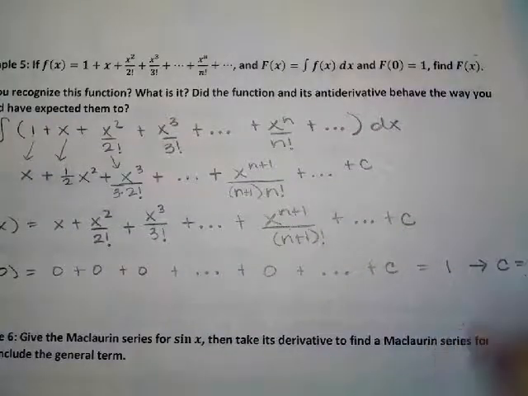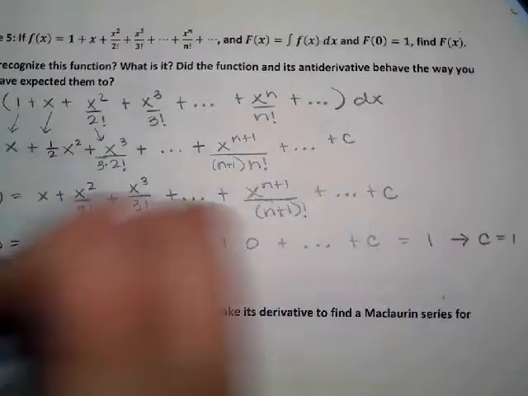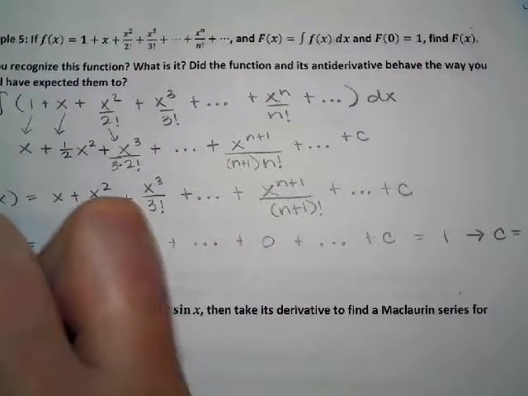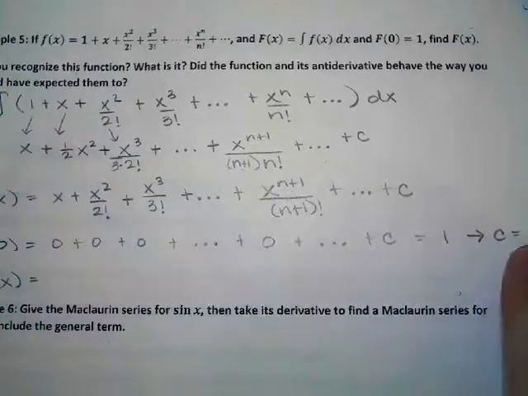And so now I can say that this means that my antiderivative is, I'm going to take my constant and move it to the front because in these polynomials, that's where the constant is, it's right in the front.